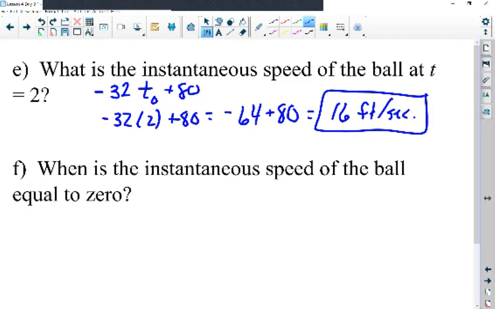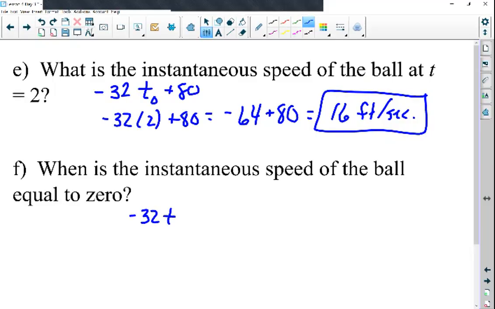When is the instantaneous speed 0? So just take negative 32 t sub 0 plus 80 equals 0. And you really don't have to write the t sub 0. You can just leave it as t, which I'm going to do from now on because, hey, if I don't have to write that extra subscript, I'm okay with that.